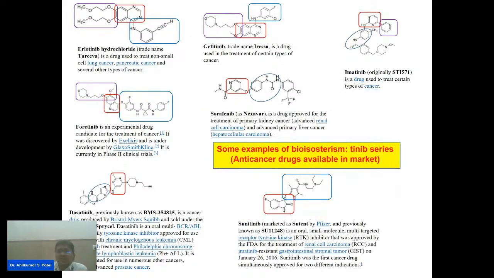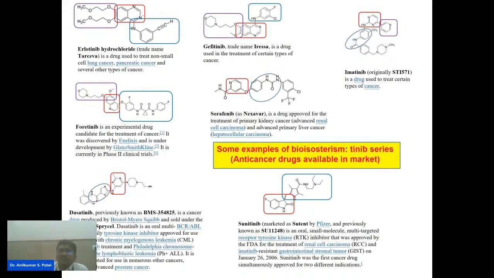So here I have written some examples of bioisosterism in the TKI series, which are currently on the market. Here erlotinib hydrochloride is particularly useful for non-small cell lung cancer and pancreatic cancer cell lines.